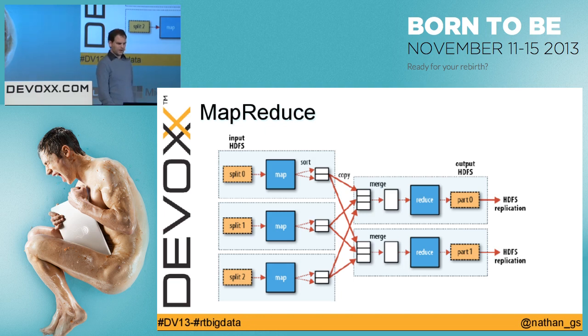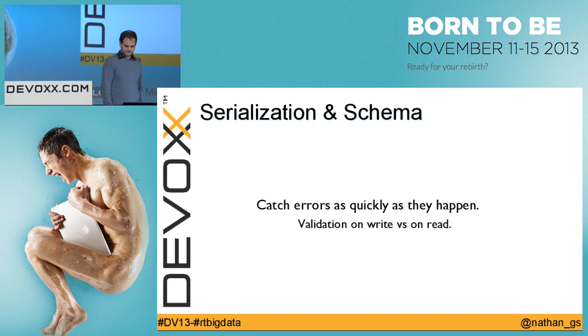So maybe a quick word about serialization and schemas. I think schemas are quite important. They give structural integrity. They guarantee what can and can't be stored, and they will prevent corruption. So you want to use schemas because you want to detect corruption at write time instead of at read time.